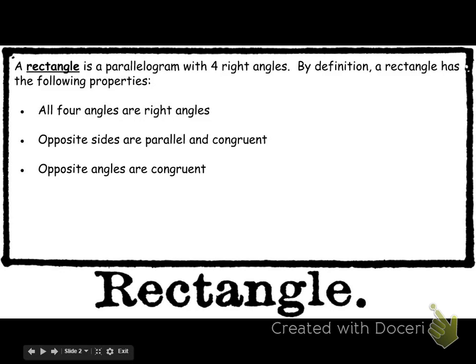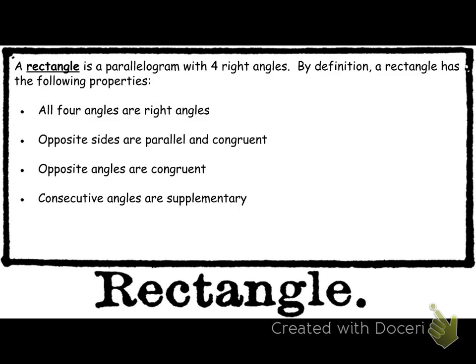Opposite angles are congruent. Consecutive angles are supplementary. And the diagonals bisect each other. Because it's a parallelogram, all these things are true about a rectangle, because they're also true about a parallelogram.